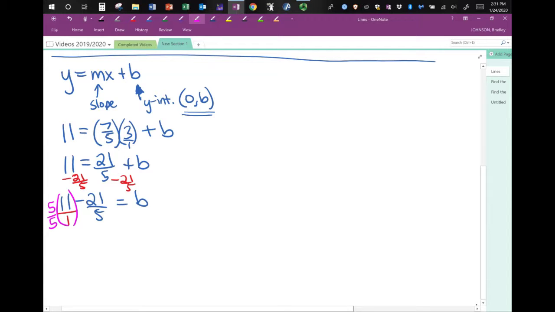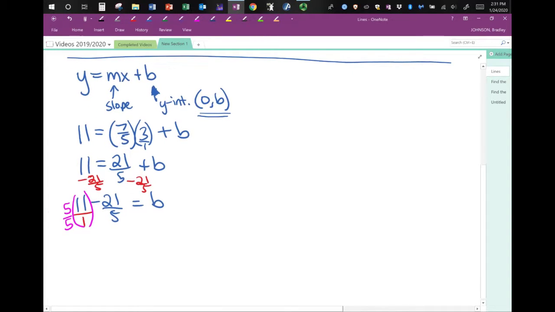Really, you're multiplying by 1, which creates a different value in the numerator, 55, 5 times 11, and then you're dividing by 5, minus 21 over 5, which we didn't change. That will be our b value.